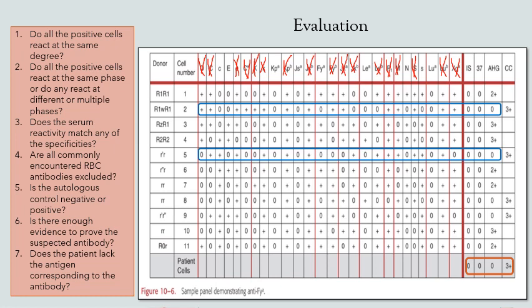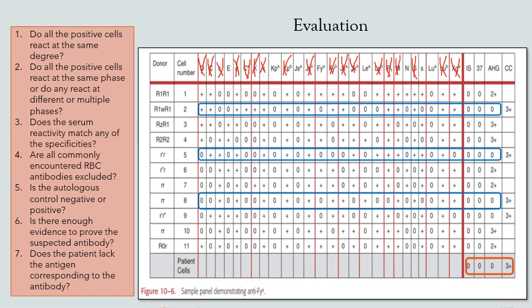Now in cell number 8, we could exclude small letter c because it does not show dosage here. Completely excluded. Next, already excluded small e. KPB already excluded. JSB, FYB, done.